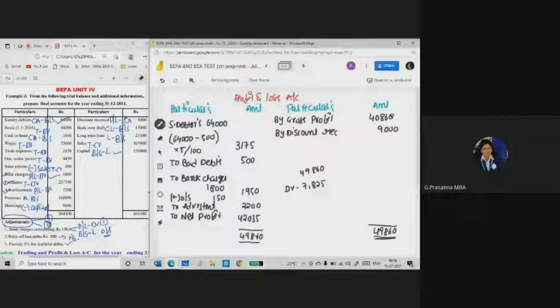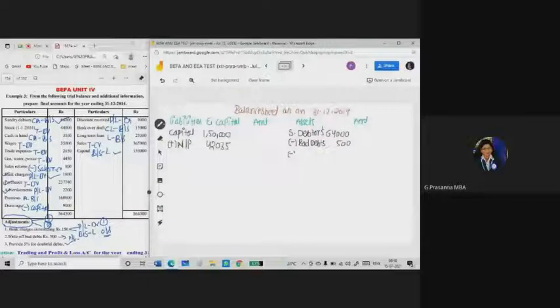So minus doubtful debts 3175. 64,000 minus 500 minus 3175 is 60,325 rupees, which you need to show in the outer column.